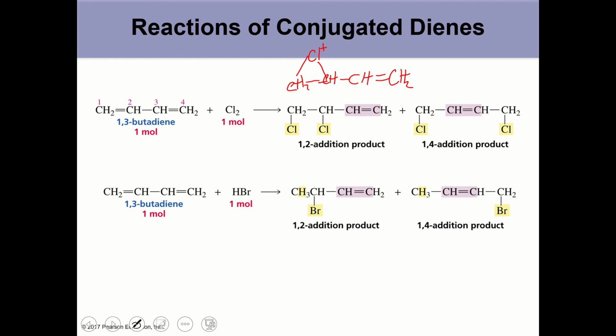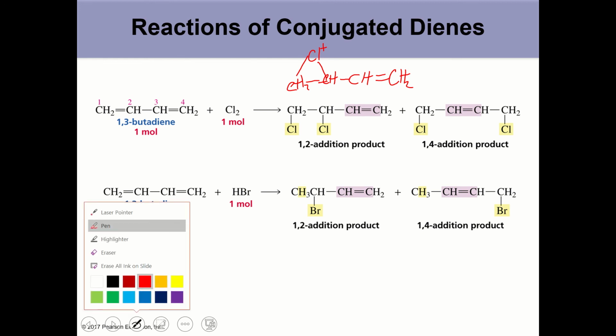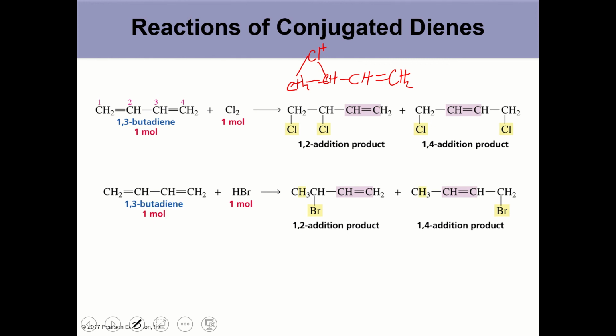Now our pi electrons can actually move and break the 3-membered ring. If I move the pi electrons from between carbons 3 and 4 to between carbons 2 and 3, it will cause this bond to break and form a cation, an allylic cation. So this has a resonance structure.